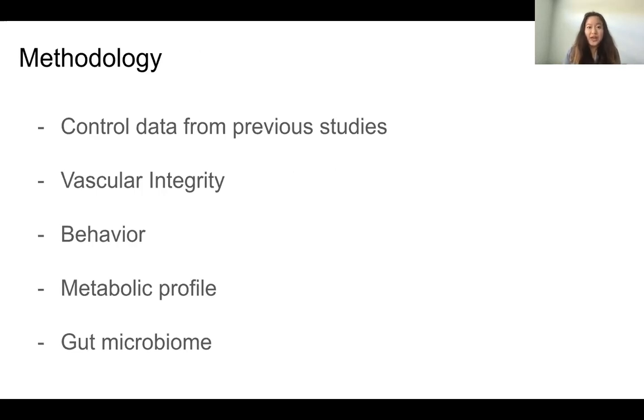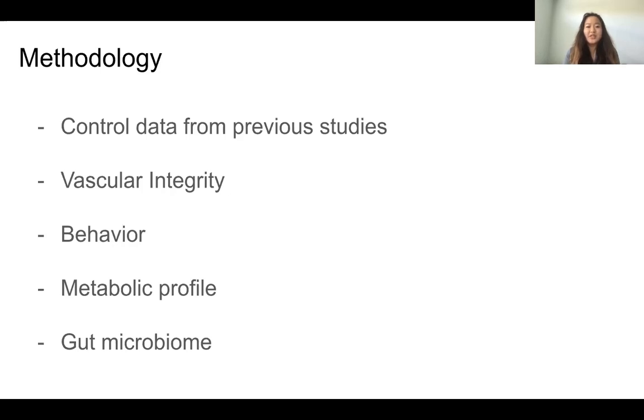Because what I'm doing is so general, I was able to find lots of different metrics for measuring Alzheimer's disease progression. The four that I focused on were vascular integrity, behavior, metabolic profile, and gut microbiome.